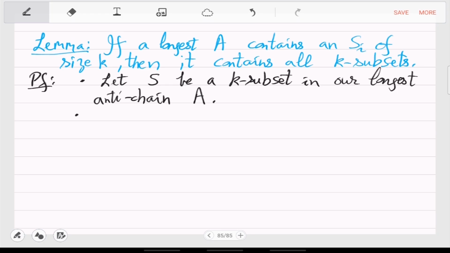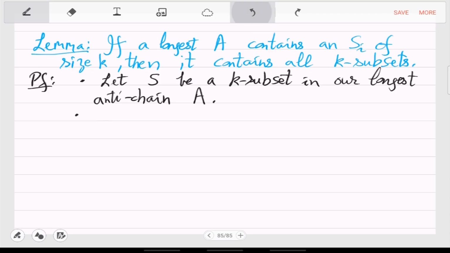So you try to deduce that from S I can go to S prime and show it is in the anti-chain. Okay, so that is what we will try to do. We will try to show that for any S prime that we think of, S can take us to S prime within the anti-chain, hence showing that every k subset is in the anti-chain.